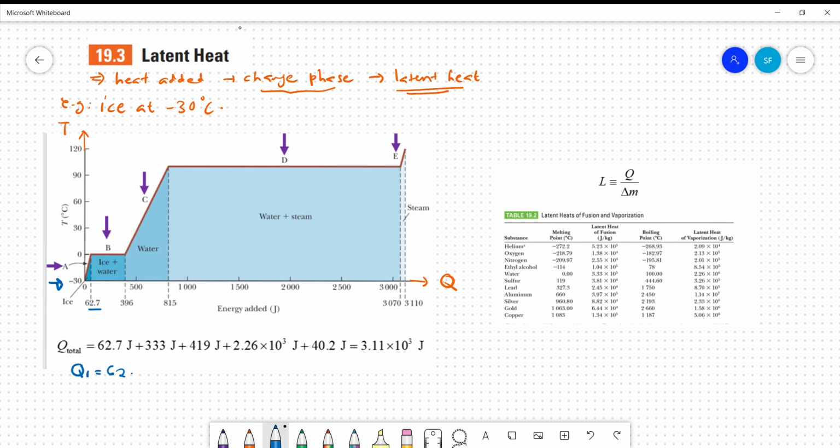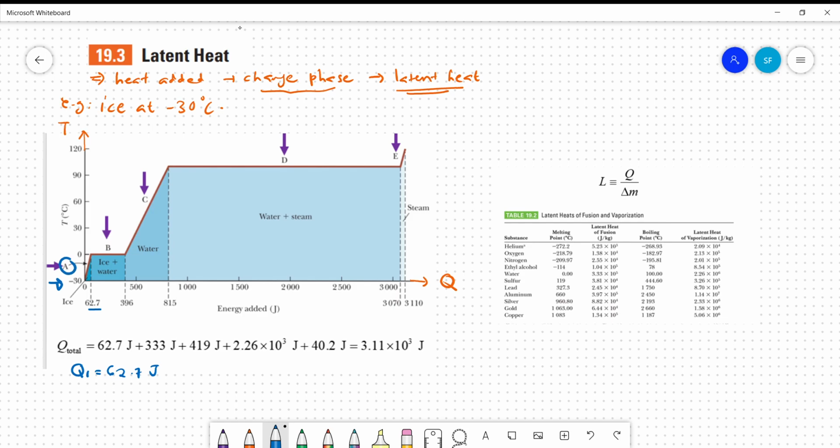Q1 equals 62.7 joule. When this amount of heat is added to the ice at negative 30 degrees Celsius, what happens? There will be a change in temperature. The temperature of the ice increases from negative 30 up to 0 degrees Celsius, as indicated by A here.